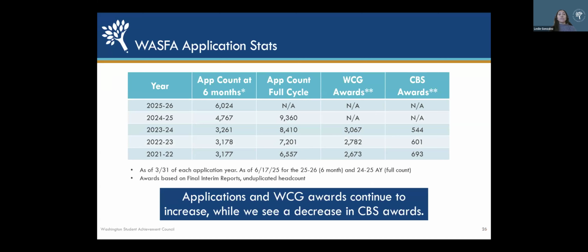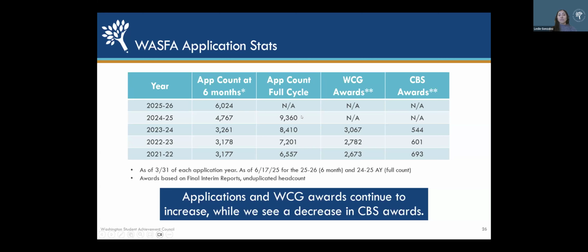All right, so just some WASFA application stats that we wanted to share with you from previous academic years as well as the current 24-25 academic year and then the upcoming 25-26 aid year. So as you can see here, we have the application submission counts as of 6 months and then the full cycle counts for the ones that we are able to provide as of now. So we did go ahead and include the count that we have as of yesterday.